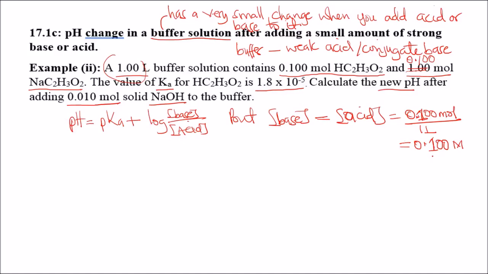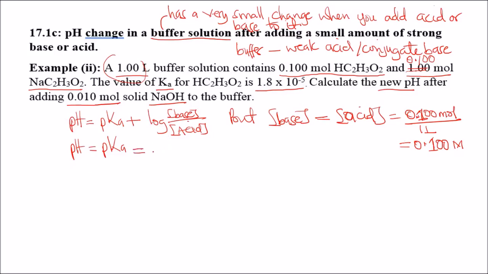So because of that, our pH will be equal to pKa, because this ratio will become 1 and log 1 is equal to 0. So we get rid of this part.